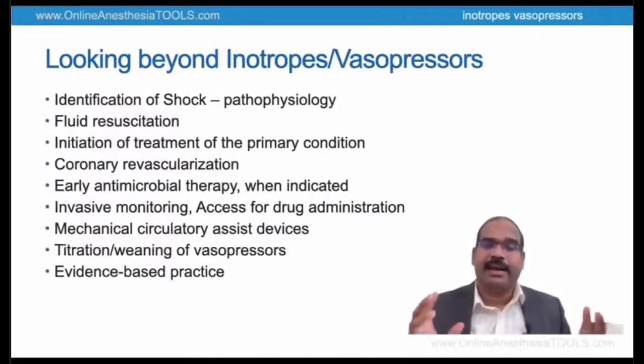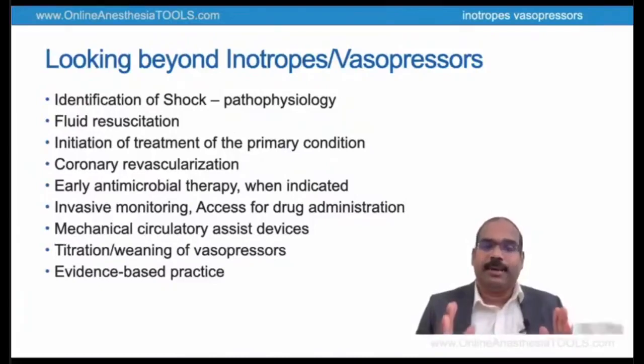If you have an idea about the pathophysiology, you can select your agents and plan your intervention. Fluid resuscitation most of the time is the key initial first step. So you have to fill the vascular tree before initiating the vasopressor or inotrope therapy. Initiation of treatment depends on the primary conditions.